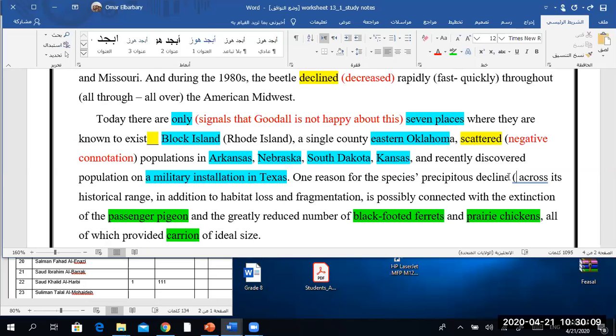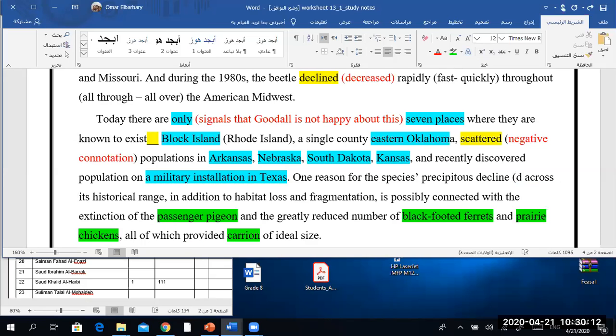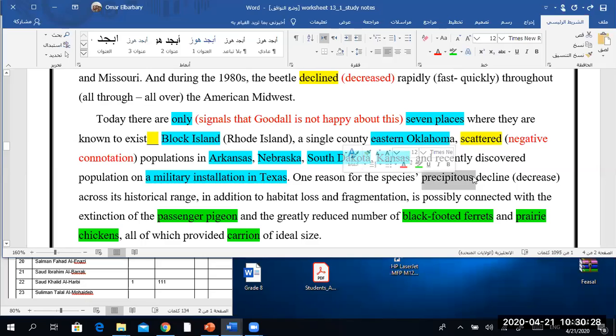Do you know what decline means? Yes, decreases. Very good. Or deteriorating. So if I describe the decrease in number with the word precipitous, which is an adjective, what do you think the word precipitous means?